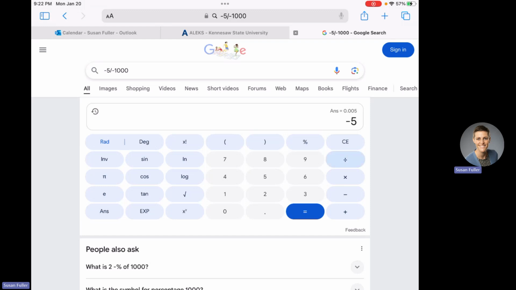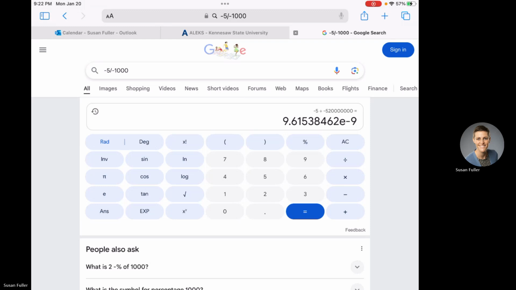What if I take negative 5 and divide by an even bigger number, negative 5,200,000,000? I get 9.615 times 10 to the negative ninth. That means I need to move this decimal point 9 places to the left.